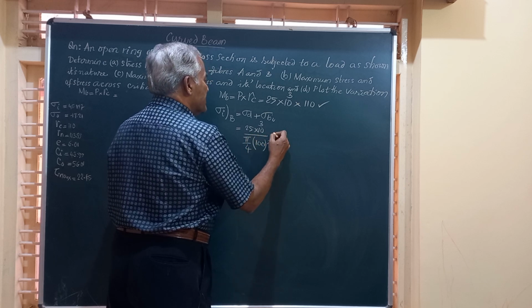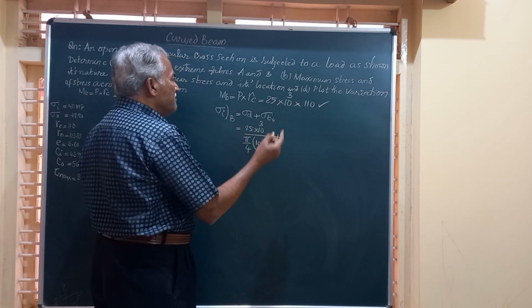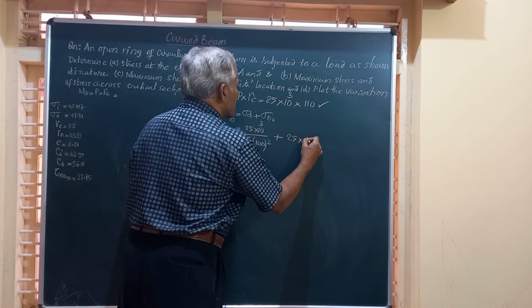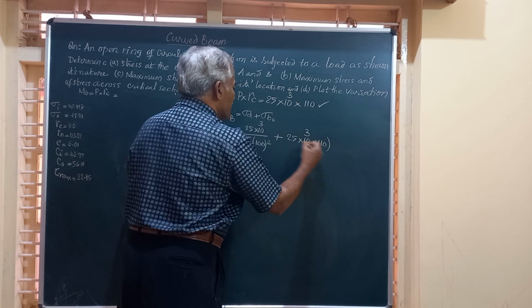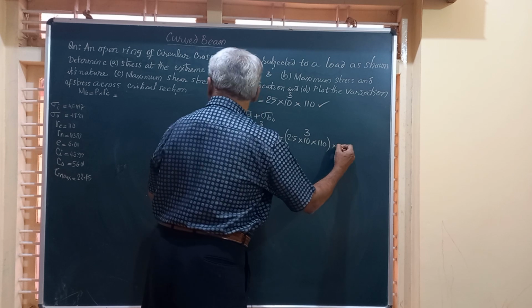Diameter is 100 for the cross section given. Plus sigma Bi, MB CI. MB is 25 into 10 to the power of 3 into 110. This is MB. CI value you have calculated already.